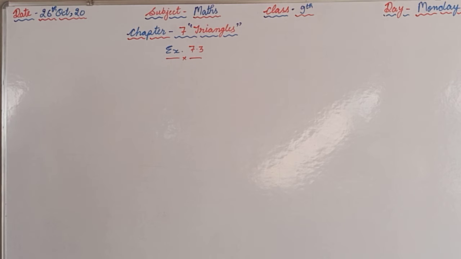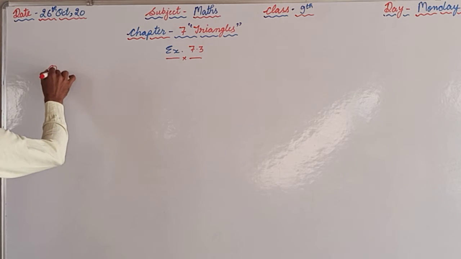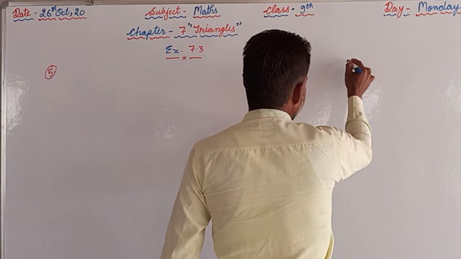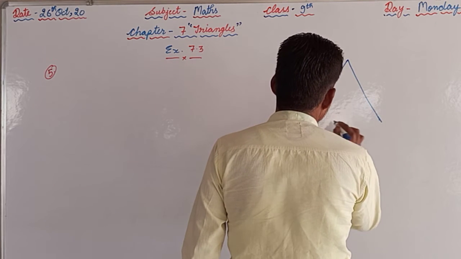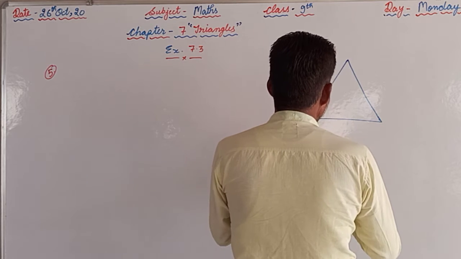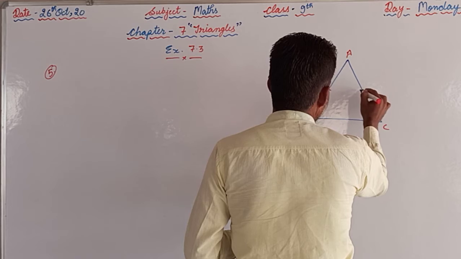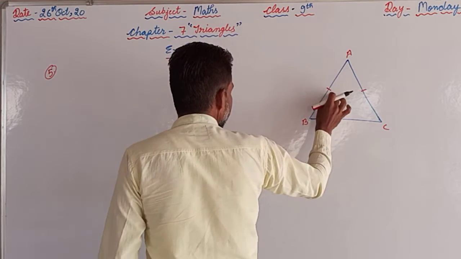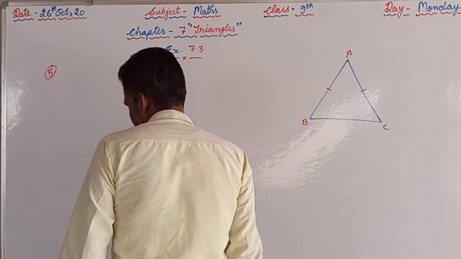ABC is an isosceles triangle with AB equals to AC. So ABC is an isosceles triangle with AB equals to AC. This red mark shows that these two sides are equal.